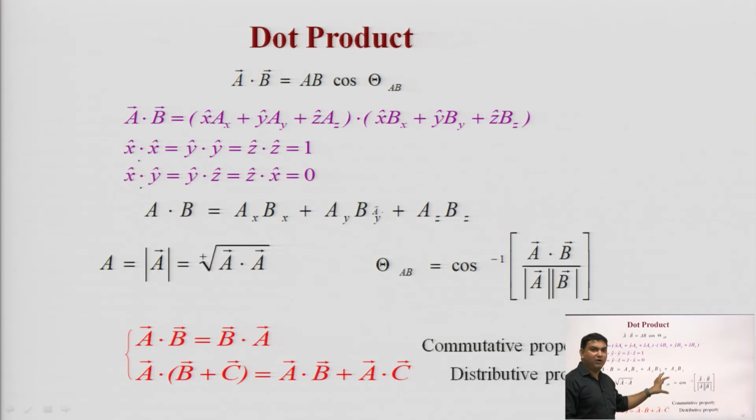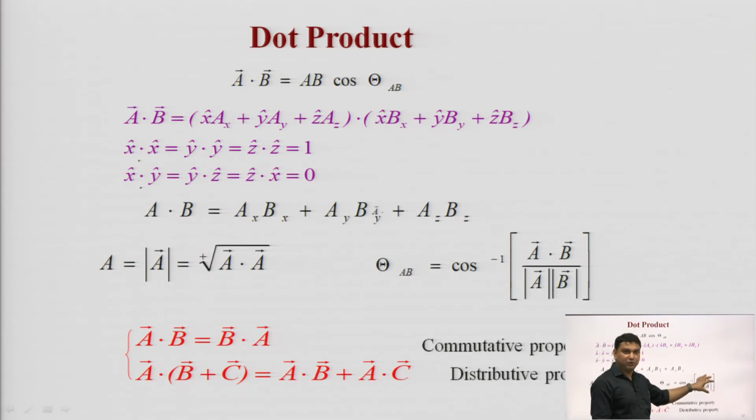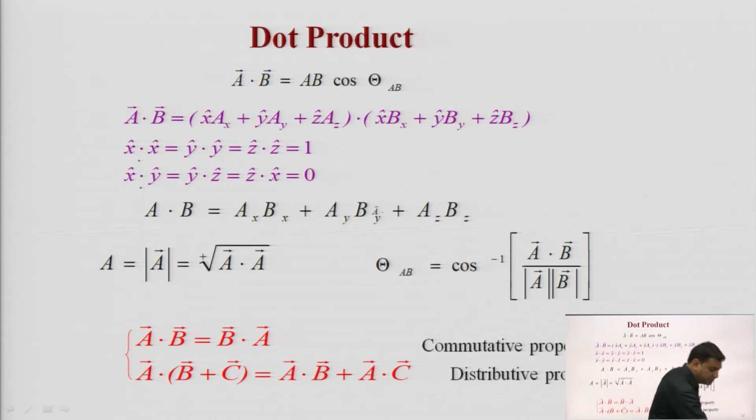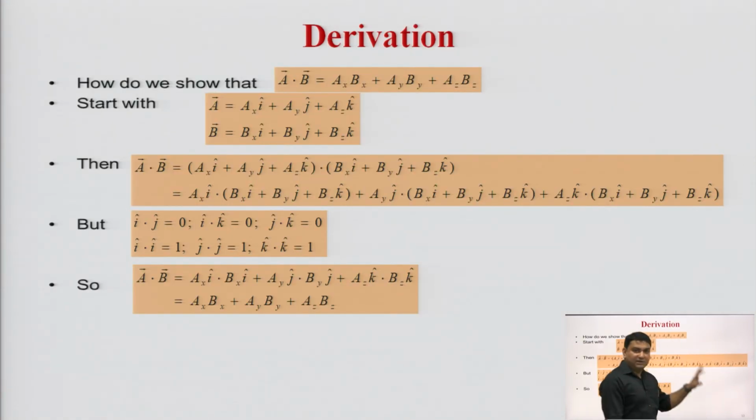operational characteristic of this theta, and the angle theta between A and B can be described in terms of the dot product, meaning theta equals cos inverse of A dot B upon A into B, where A dot B is the dot product of two vectors, and here A and B are the magnitudes of vector A and vector B. This derivation is defined in terms of dot product only.